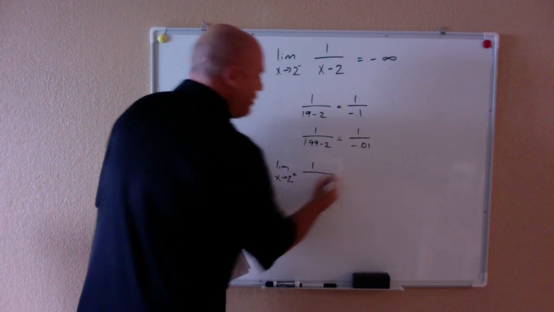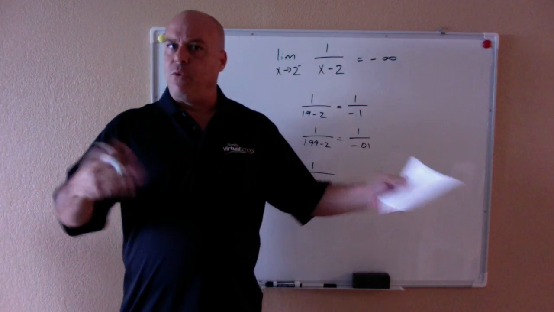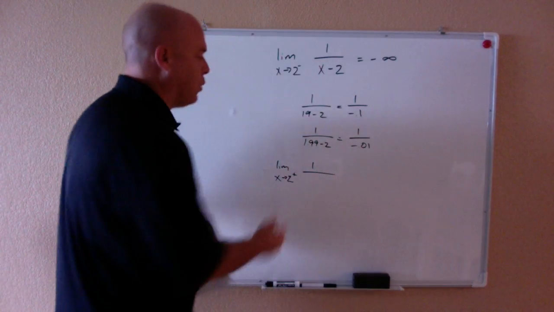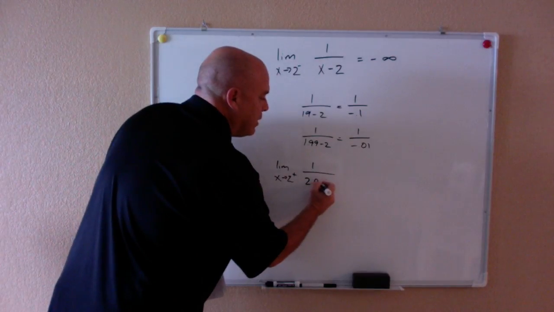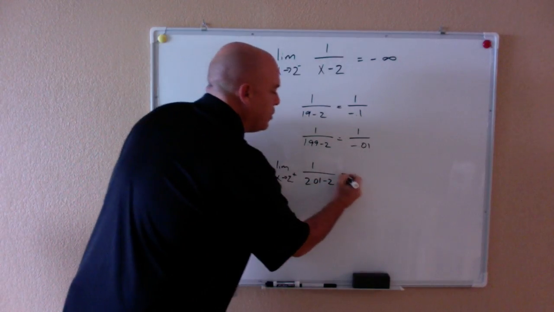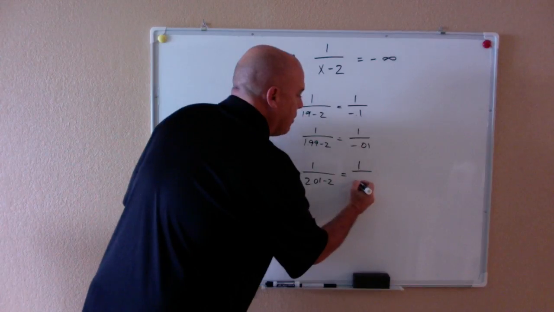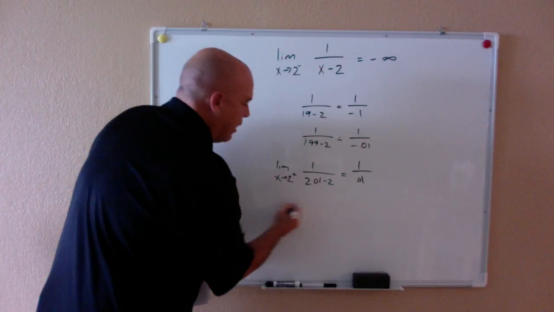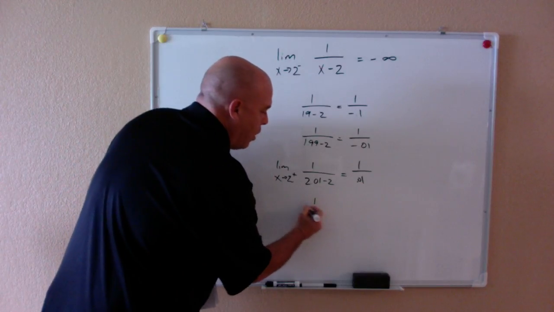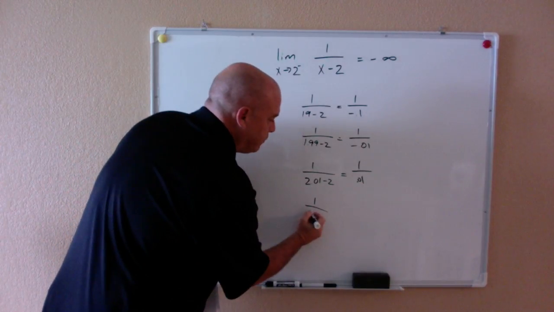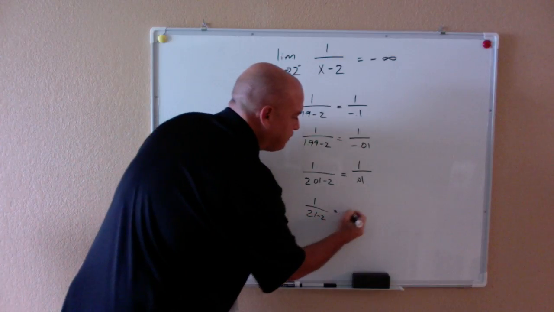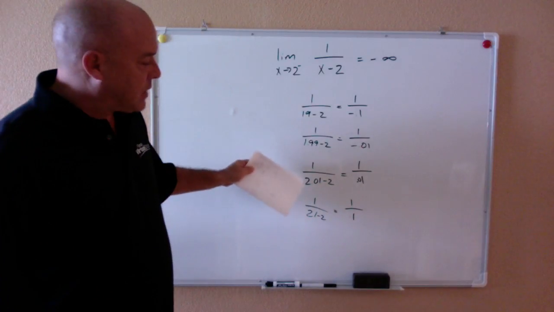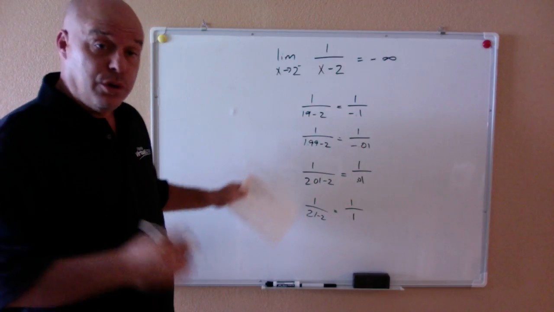If from the right-hand side I'm going to be doing 2.1 and 2.01 and 2.001, that's going to give me 1 over 2.01 minus 2, which is 1 over 0.01, and then maybe 1 over 2.1 minus 2.